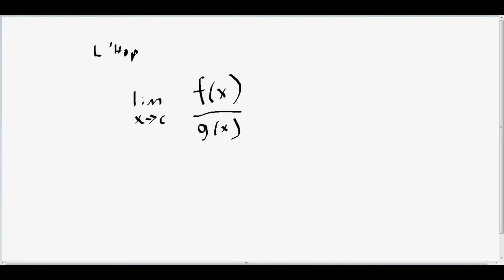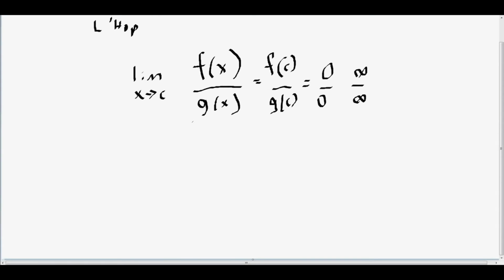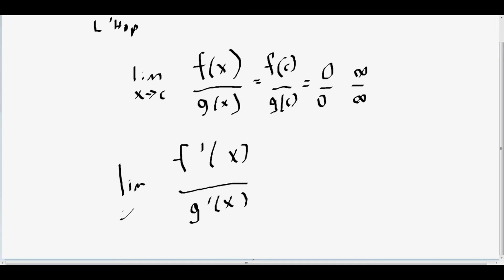So if, let's say you plug in c, f of c over g of c gives you 0 over 0 or infinity over infinity, or any indeterminate form, you could use L'Hopital's rule, which is just take this limit and then instead of evaluating this limit, evaluate f prime of x over g prime of x, the limit again as x approaches c.